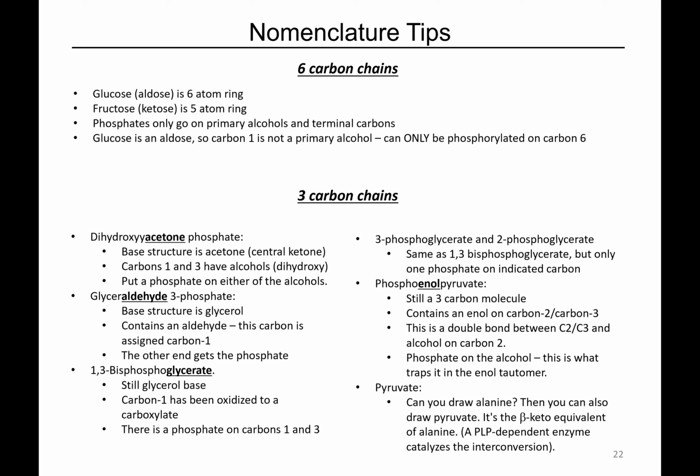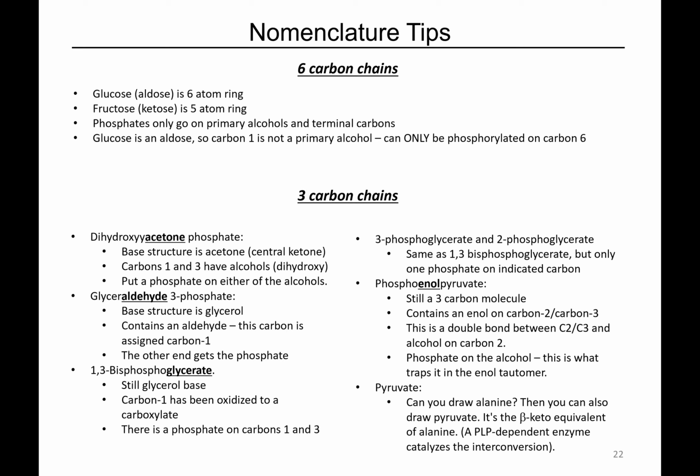Our 3 carbon chains, they boil down into basically 3 categories. Aldehyde, ketone, or glycerate. Okay? So all of them start with a kind of glycerol structure, like a base glycerol structure.